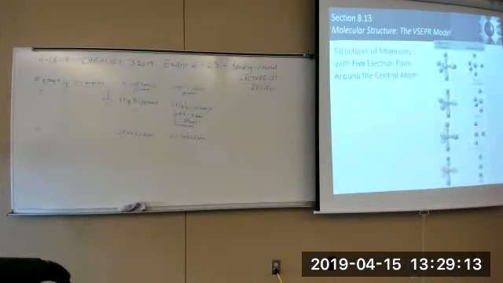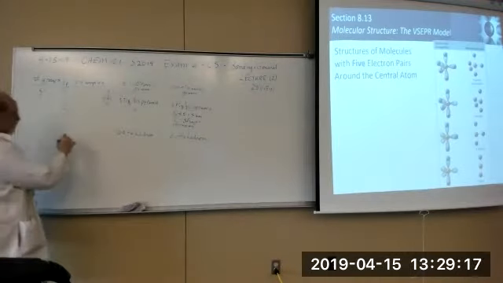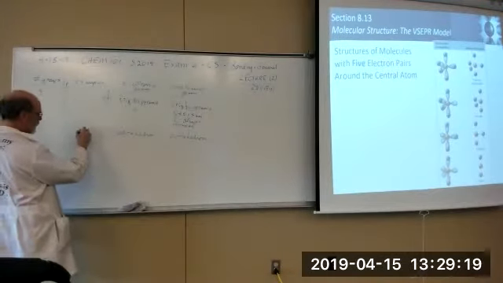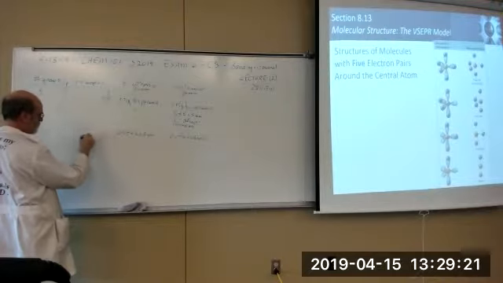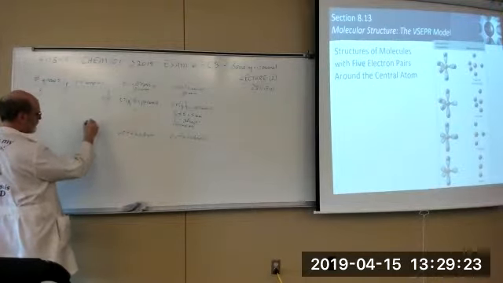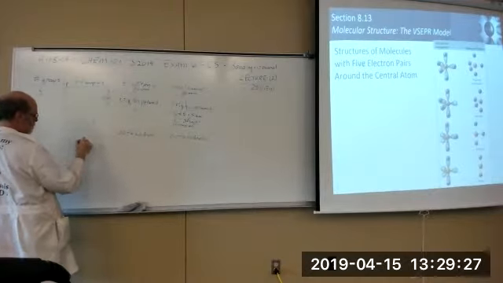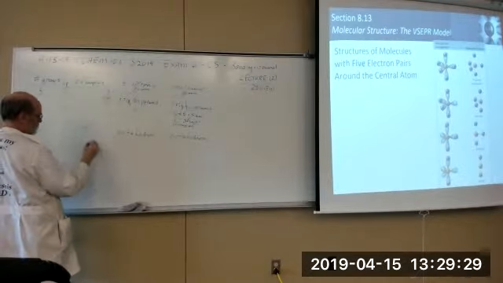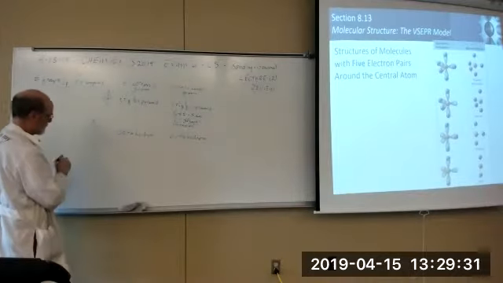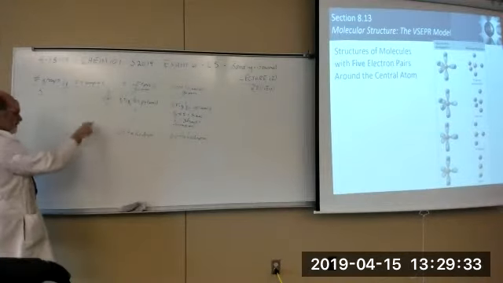So what's an octahedron look like? Well, it's got a square. And then it has apex. Like that. Okay, so you got the square in the middle and 2 apex there.